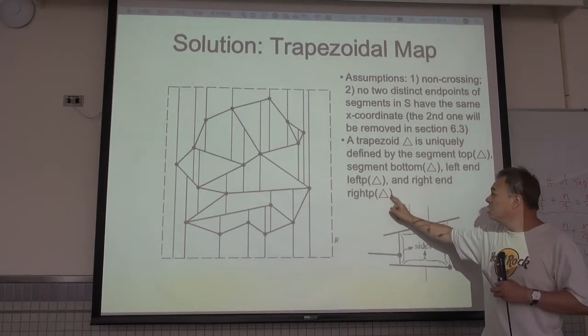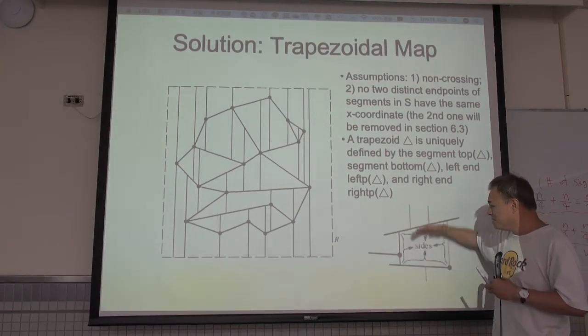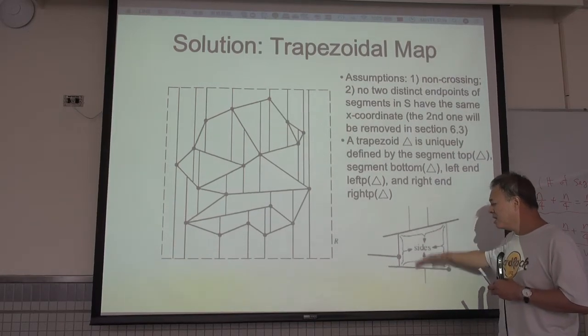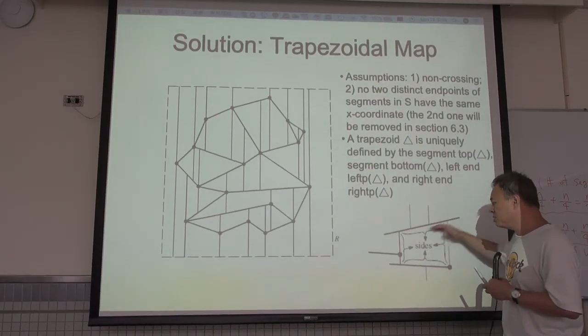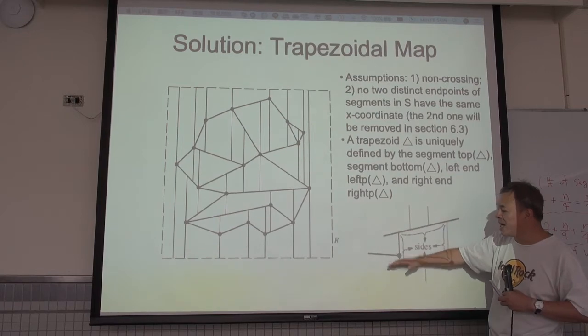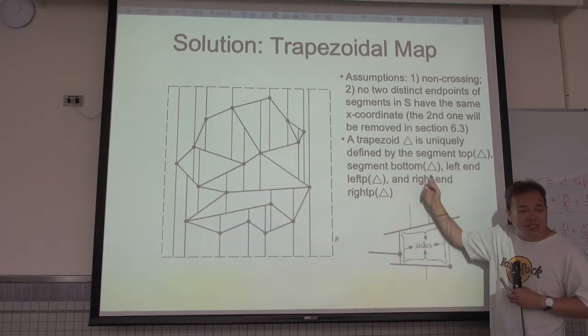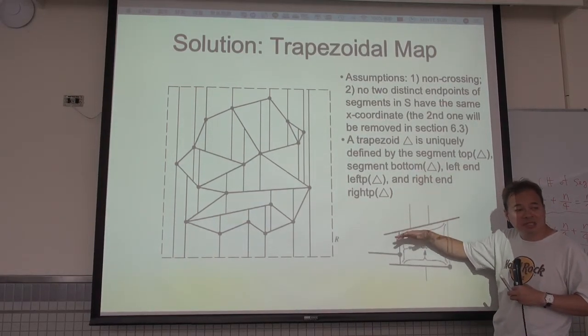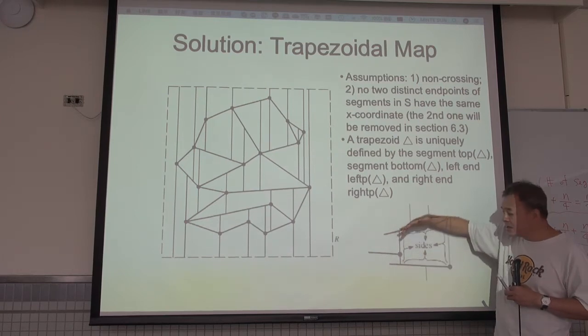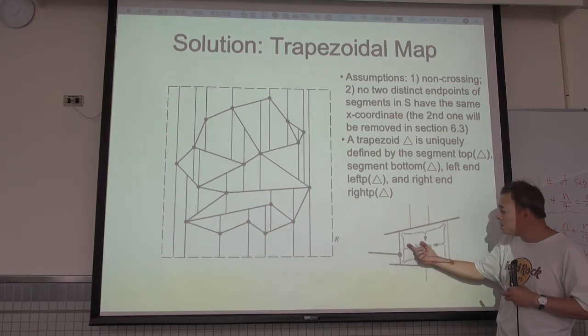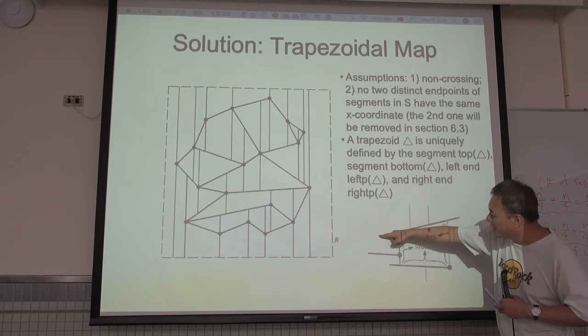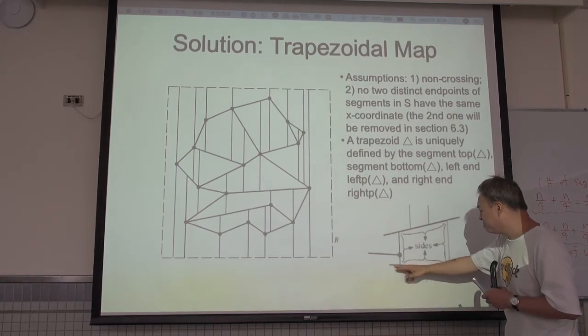But the top and the bottom of a trapezoid are contributed by some segments. For example, this top is contributed by this segment, and this bottom is contributed by this segment.